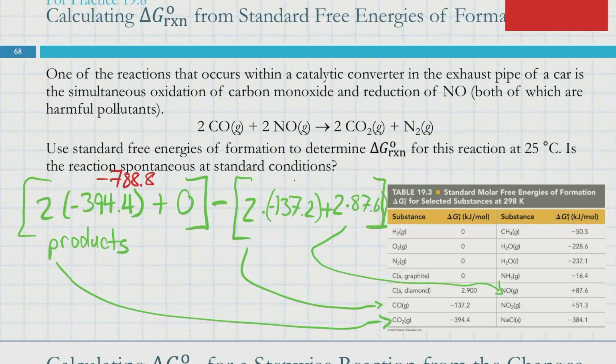For our reactants, it's negative 99.2, and these would have units of kilojoules per mole.